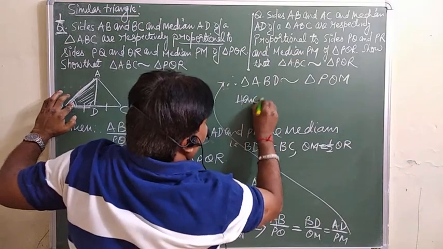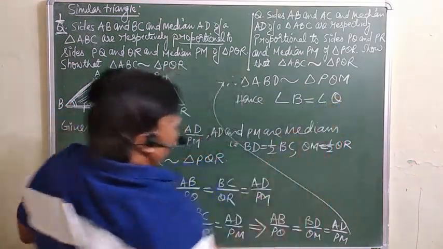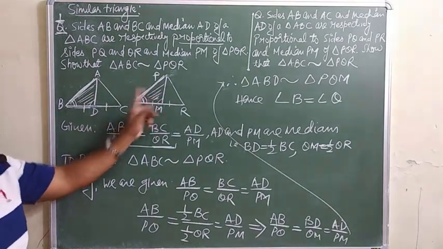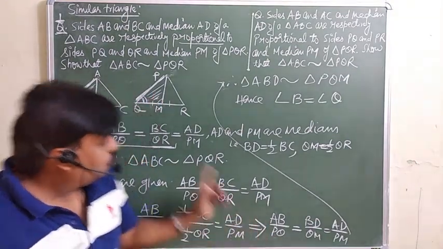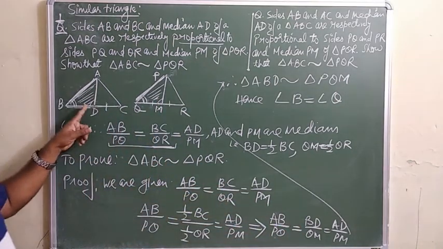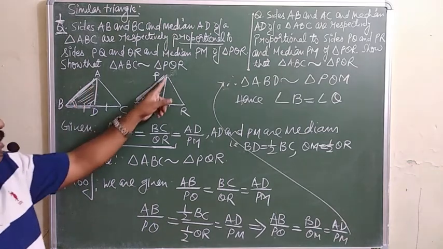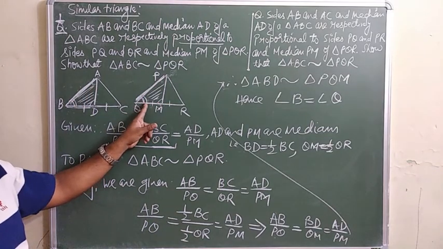Hence you can say angle B is equal to angle Q, because of the ratio AB over PQ. So the angle opposite AB will be equal to this one. BD over QM is given, so the angle opposite BD will be equal to this one. Similarly, the angle opposite AD will be equal to the angle opposite PM, and angle Q is there only.